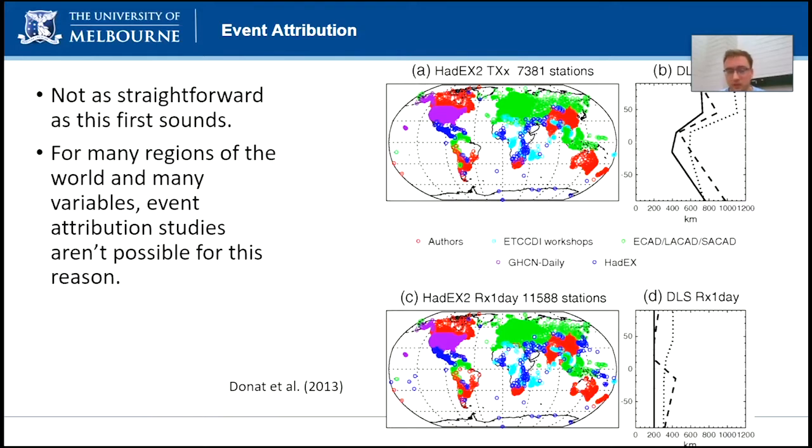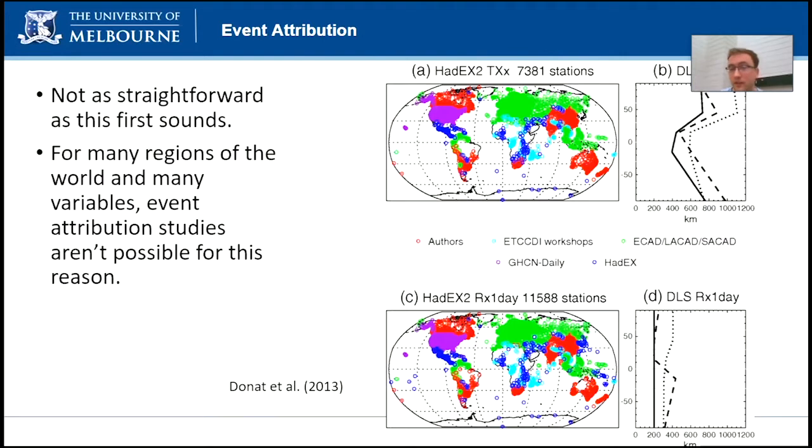So we can do data set comparisons using lots of different observational data sets, for example, including reanalyses. But sometimes it's not possible to do an event attribution study just because we can't contextualize that extreme event in terms of the historical past. And I've shown you here the locations of stations where temperature and precipitation are observed.